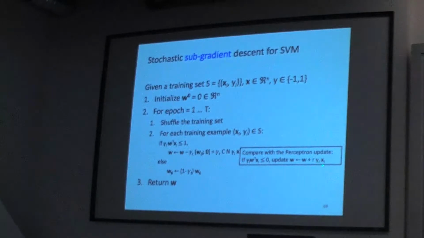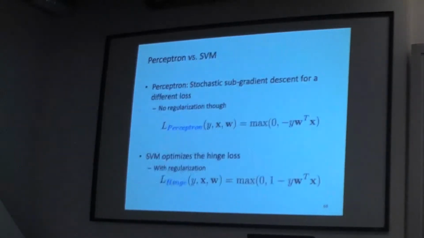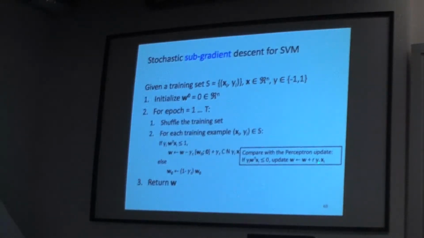So when this term is less than 0, the subgradient of this objective is simply minus y x, and you update with stochastic subgradient. You'll end up with the same update rule as the perceptron update.